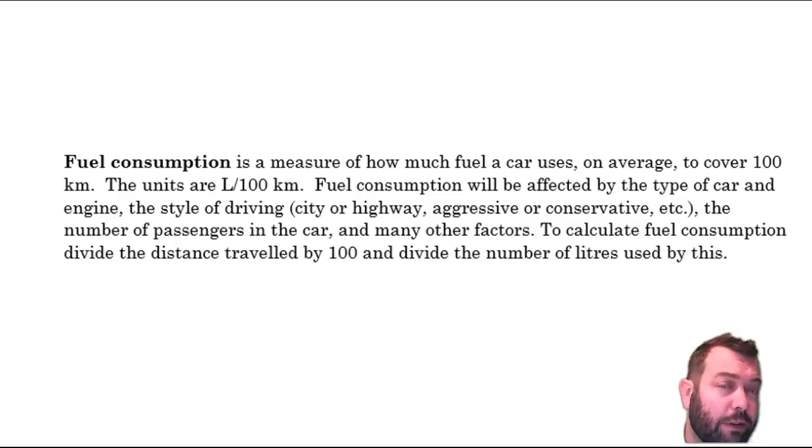Now the rule that we've been using for calculating rates holds largely true. It's the first part divided by the second part in the rate. But in this case, to calculate our fuel consumption or our fuel efficiency, it's the number of litres we use divided by the number of 100 kilometres we go. So it's the litres per 100 kilometres.